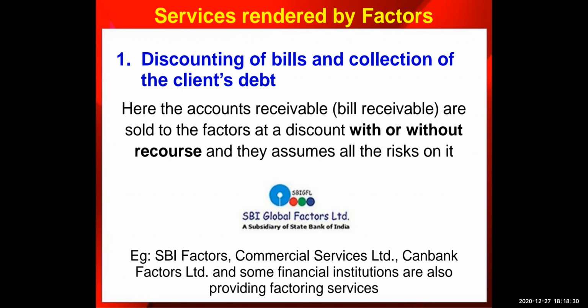Here the accounts receivable, that is bills receivable, are sold to factors at a discount with or without recourse, and they assume all the risk on it. Examples: SBI Factors, Commercial Services Limited, and Can Bank Factors Limited are some of the financial institutions providing factor services.